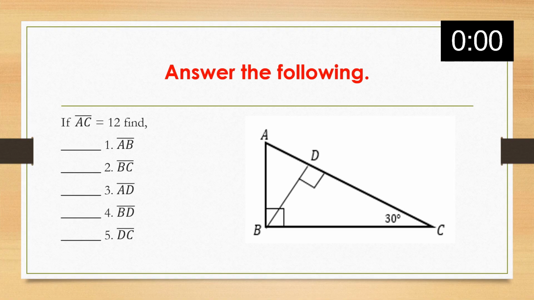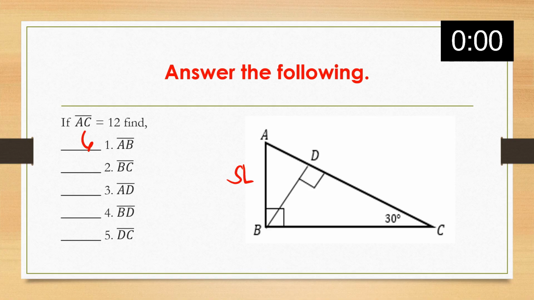Alright, so let's try to answer now the given questions. What is the length of line segment AB? Okay, correct. That is equal to 6. Why 6? Based on our given right triangle, line segment AB is the side opposite of the 30-degree angle, meaning it is our shorter leg.